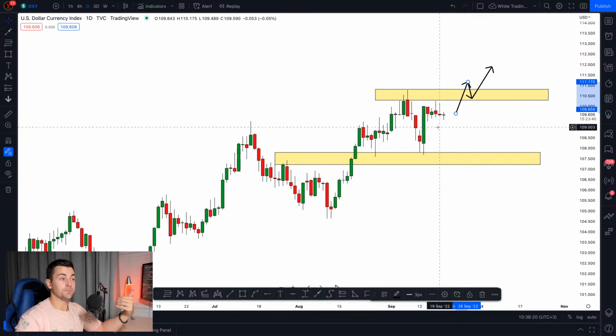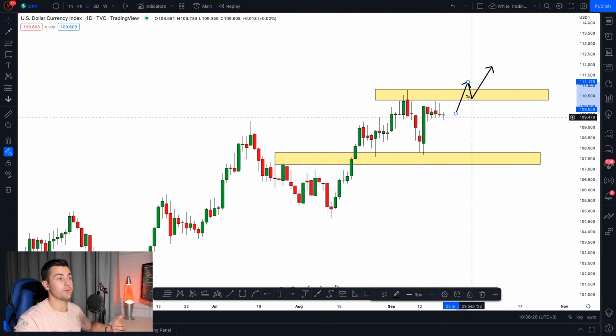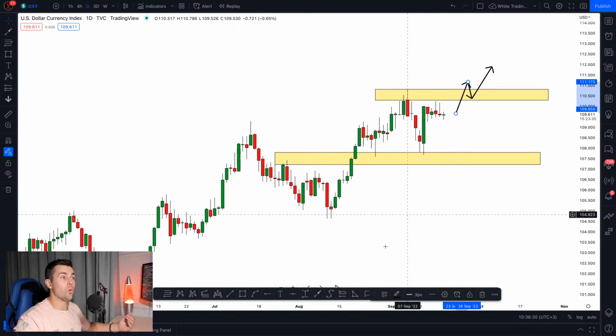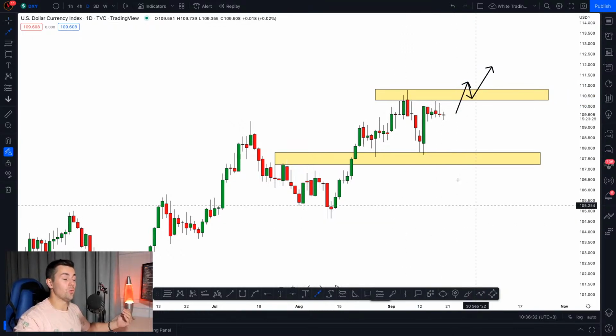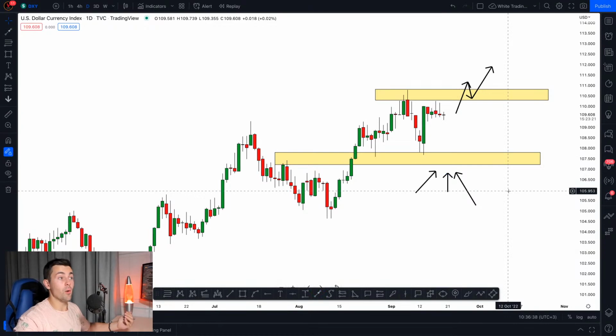And if you are looking for buying opportunities on dollar index, you should either wait for a bullish breakout of that resistance cluster, or wait for a test of that support, and from there you can look for buying opportunities. I hope it is clear.